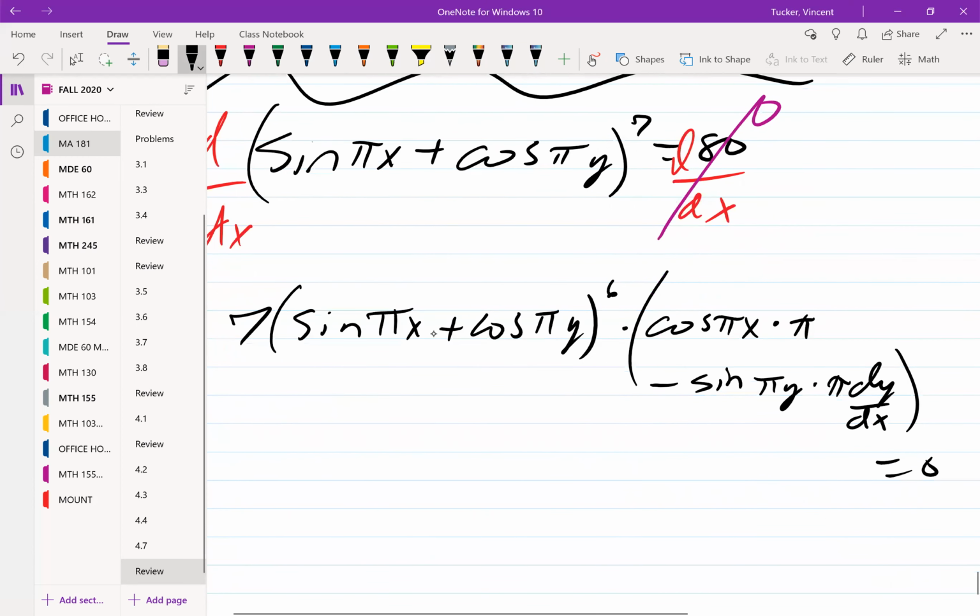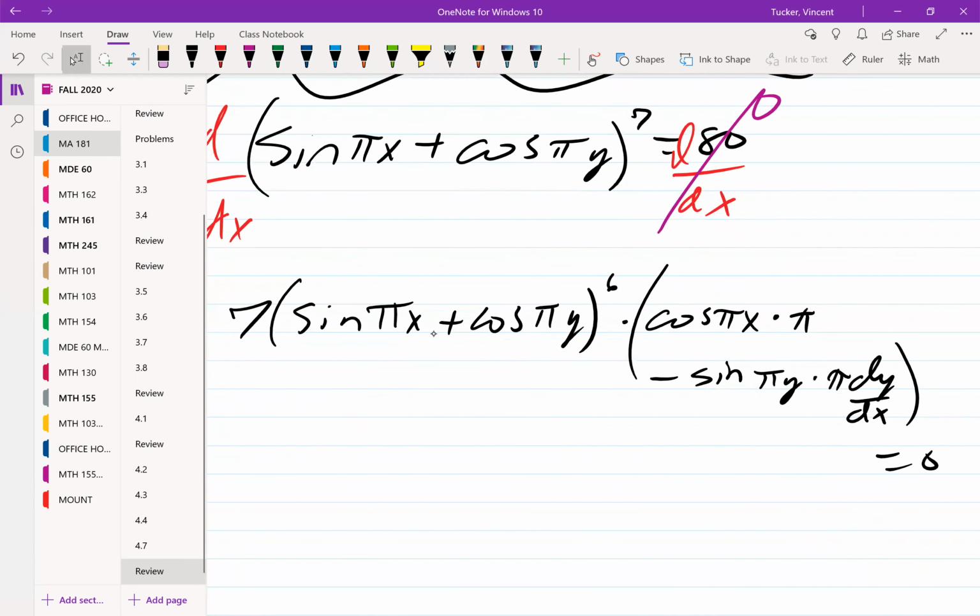All right. So now we need to solve for dy dx. Now this whole quantity is redistributed to each piece here. So let me rewrite it like this first.